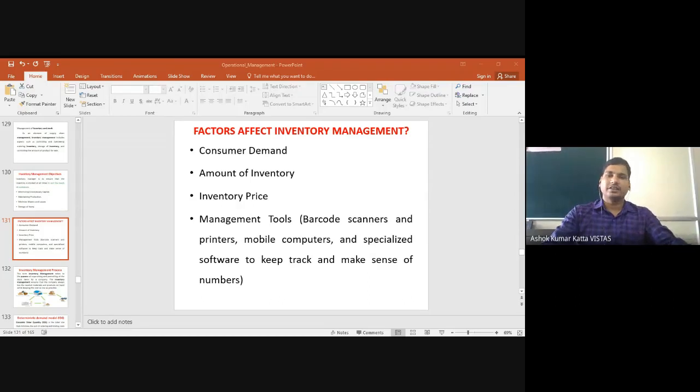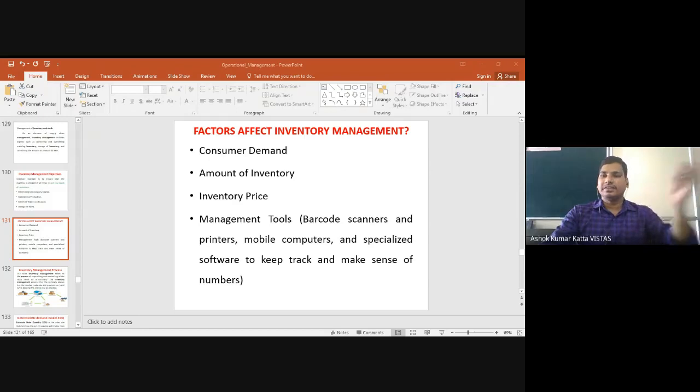So you should be in a position where we have huge demand in the market. Now, being an inventory manager here, what is your role? Huge demand for your products means your inventory will not be stored for much time at the warehouses or godowns.